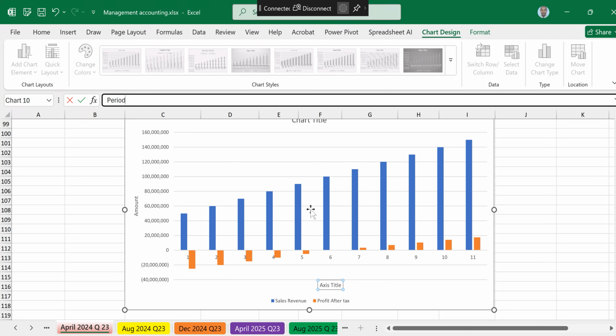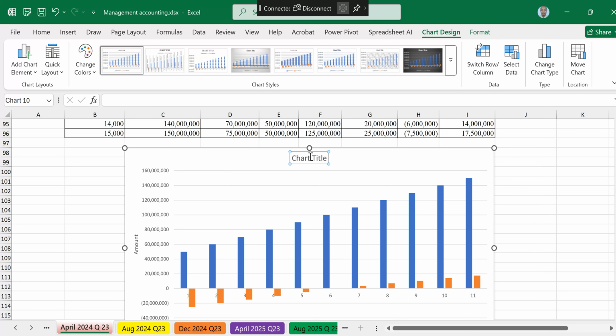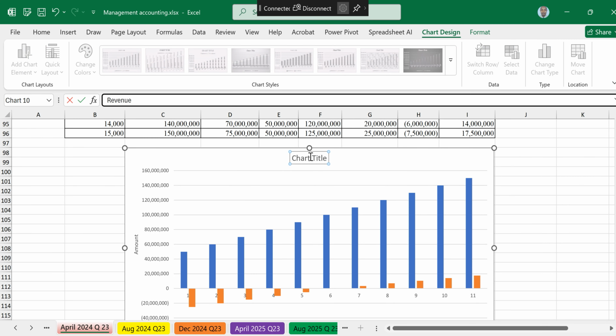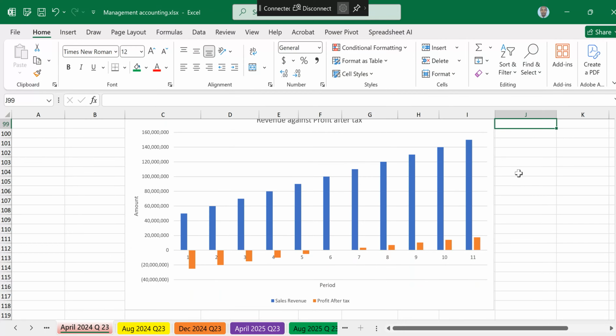Amount and period. Then the title, revenue against profit after tax. So revenue against profit after tax.